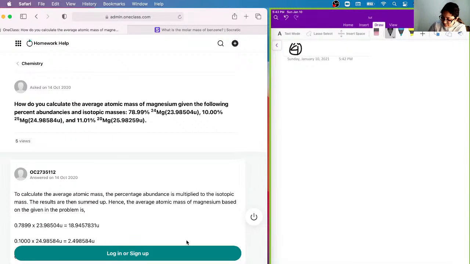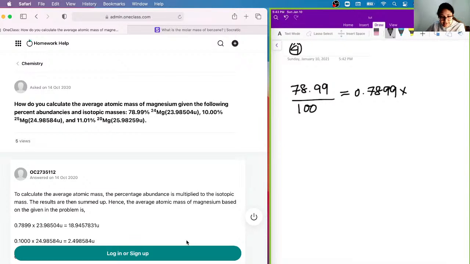And so we can say 78.99%. So we have to convert that into a decimal, so we divide that by 100. 78.99 divided by 100, and you get 0.7899.